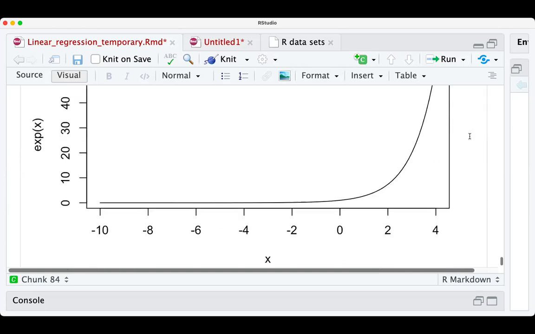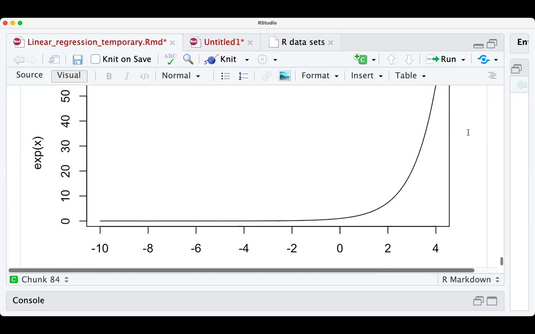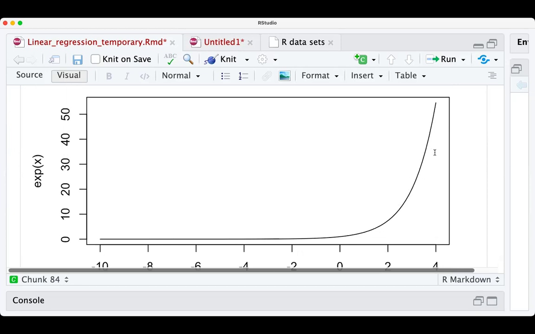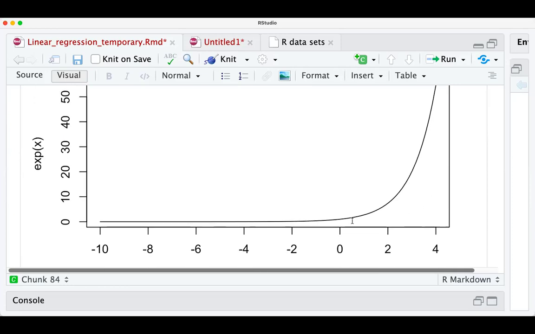is this function here, which grows very, very rapidly when x is big, and when x goes to minus infinity, it is zero almost immediately. But actually, it's not zero. It's never zero.